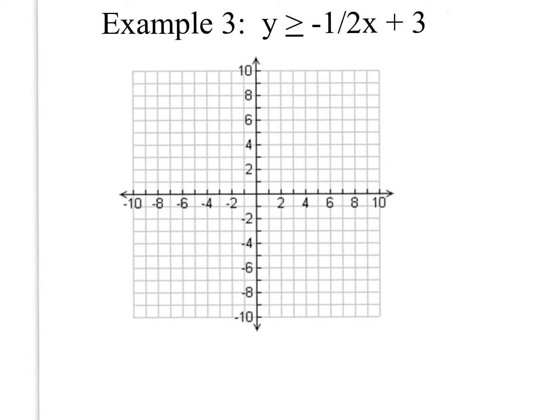From here, I'm going to start plotting some points. My Y-intercept is at positive 3. My slope is negative 1/2. An ugly fraction, but just think about what a negative 1/2 slope means. It means we're going to go down 1 and to the right 2. So down 1, right 2. Down 1, right 2.